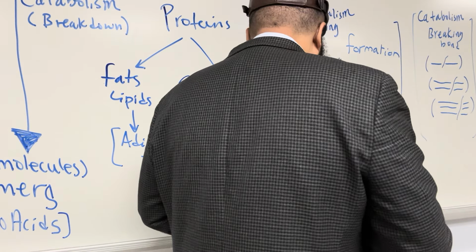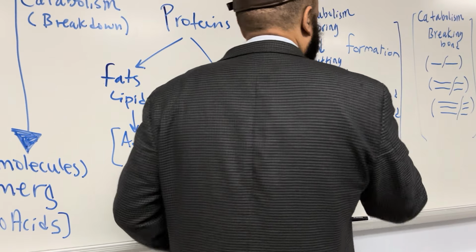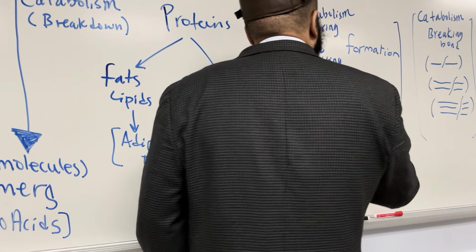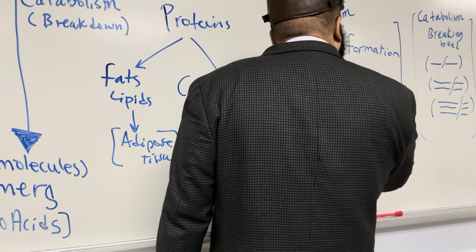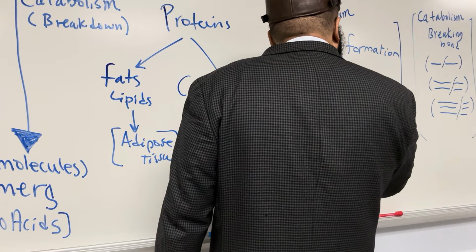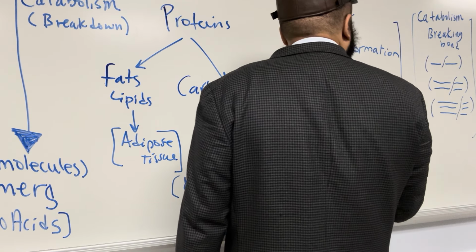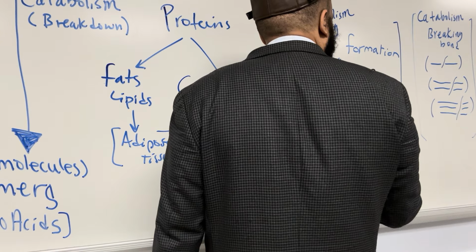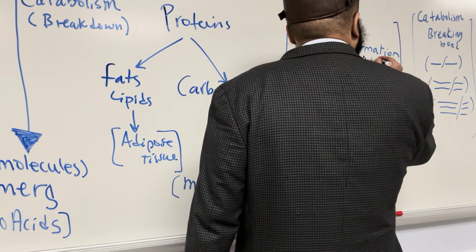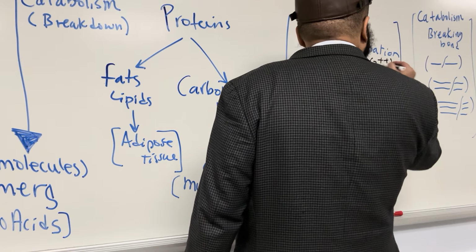Some of you guys don't like the green color, but let's use black. So when you form a bond, the energy goes in. So the ATP, the energy is going to go in, or the free energy delta G plus, which means energy.